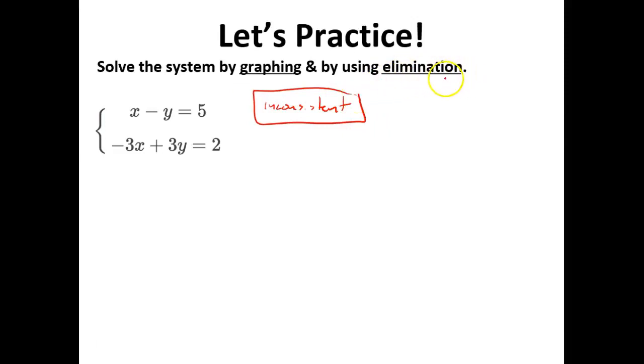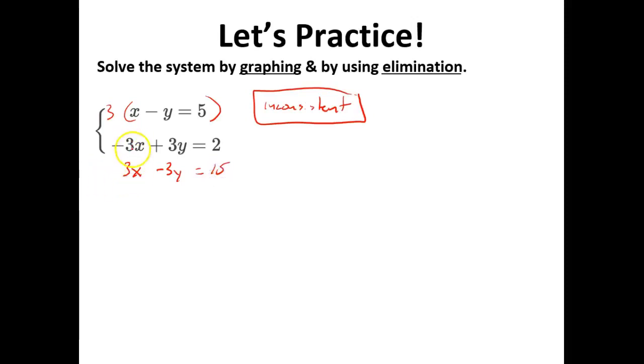We're going to use elimination on this one. The way elimination works, we want the coefficient in front of the x to be the same. So I would take this first equation and multiply both sides by 3. When I do that, on that first equation, I have 3x minus 3y is equal to 15.